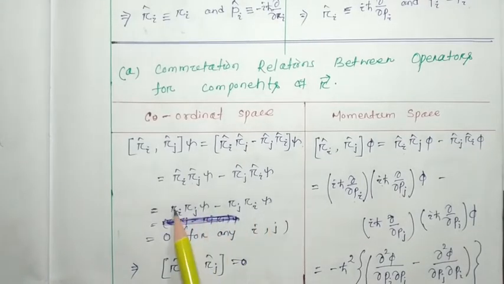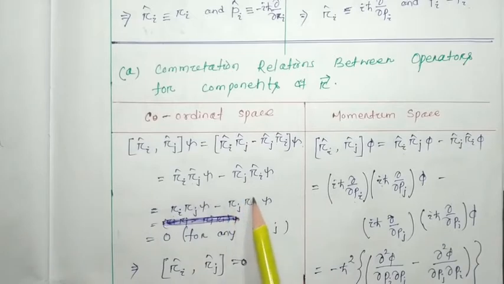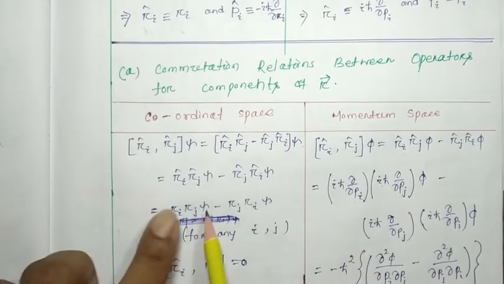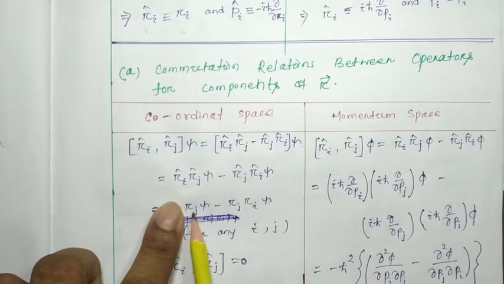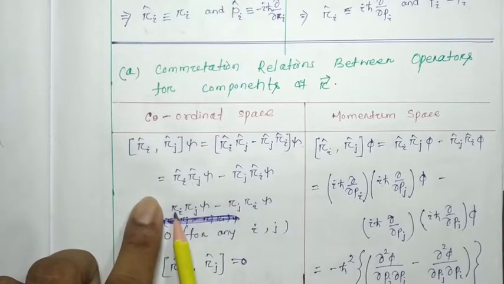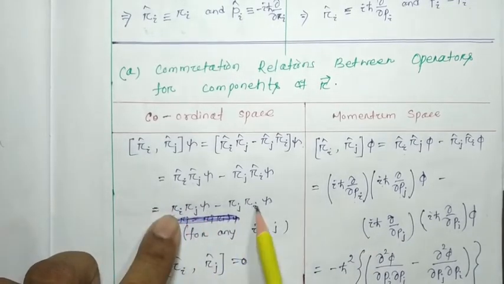Okay, so these R_i, R_j are the distances. Whatever answer we get by multiplying in this way, the same answer we are going to get in the other order. Or you can say that first I apply R_j on psi, and whatever the result, I apply R_i to it, and we get the same result.